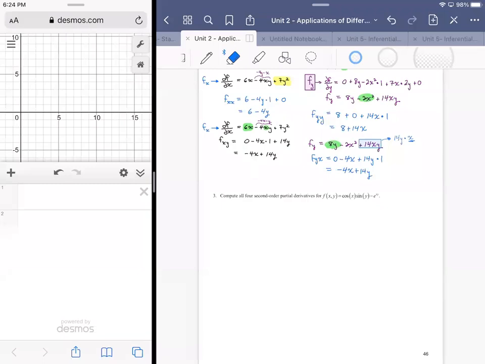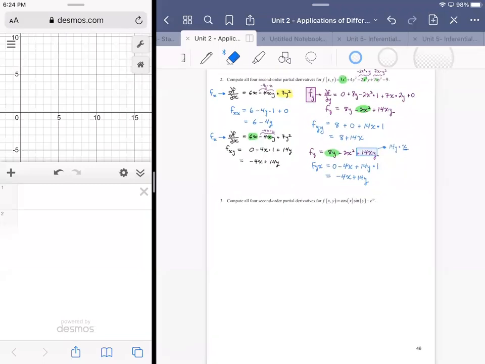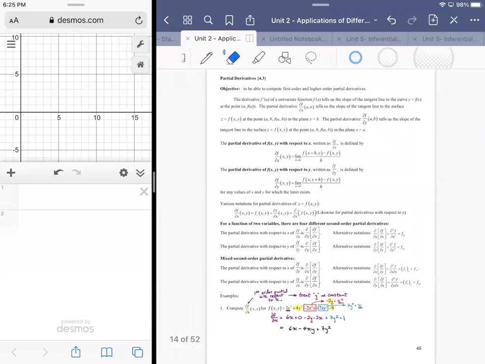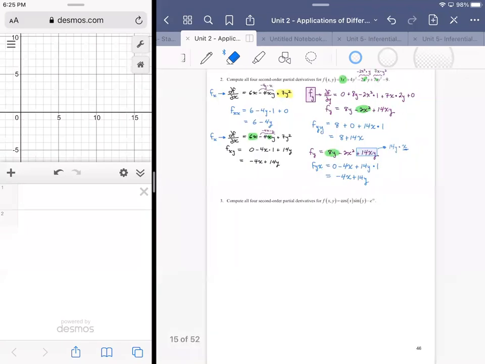It wasn't explicitly stated here like it was in the previous question, where you had to find the first order partial for number 1, and then on number 2 use that to come up with at least some of the second order partials. Here it's implied that if you're going to come up with a second order partial, you need to first come up with the first order partial.